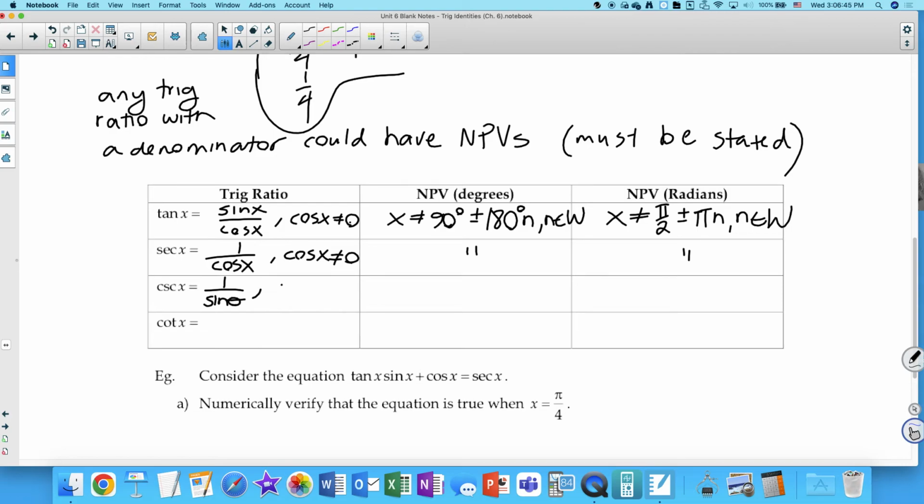So in this case, sine theta cannot equal 0. So where does sine theta equal 0? 0 degrees, and then it happens every 180 degrees, right? So this would be x cannot equal 0 degrees plus or minus 180 degrees n, or x cannot equal 0 plus or minus pi n.